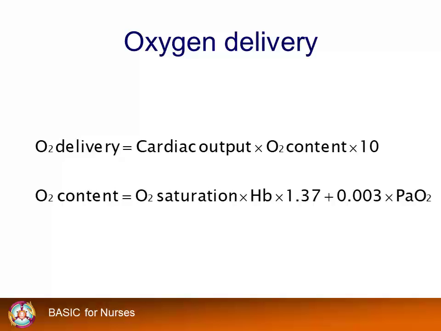Oxygen delivery is the product of the cardiac output, the oxygen content of blood, and a correction factor. The oxygen content of blood is mainly dependent on the oxygen saturation and the hemoglobin, with a very small contribution from dissolved oxygen. As a result, it is the saturation which is important in determining oxygen delivery rather than the PO2.